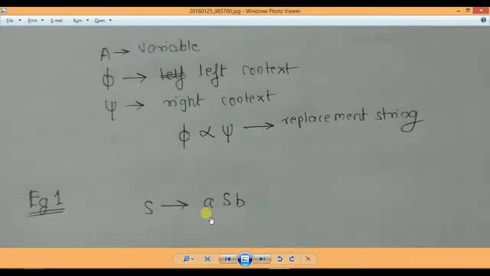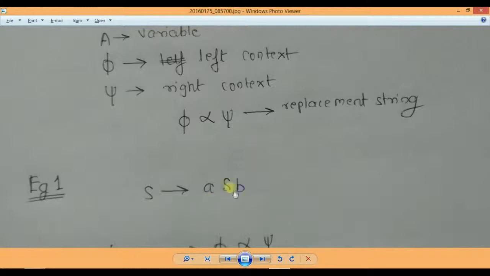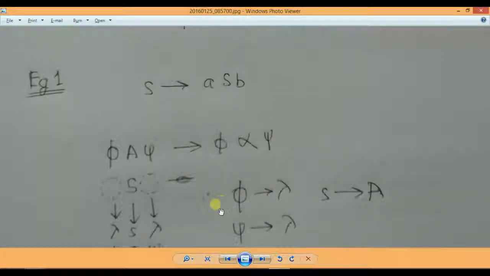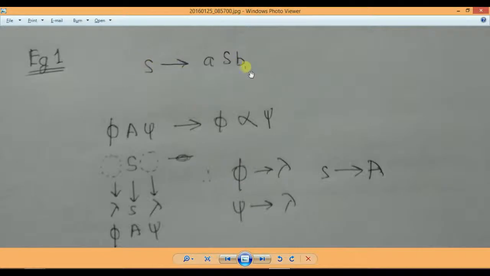Now let's find out what's the value of alpha. So this is the general form phi A psi, which tends to phi alpha psi. Okay, now let's put this equation in this place. Let's compare this S with the left hand side.